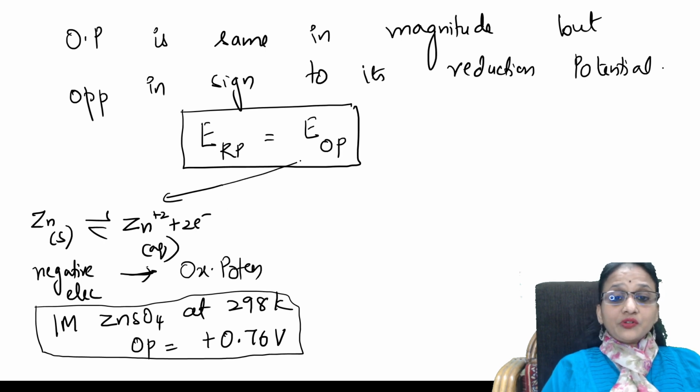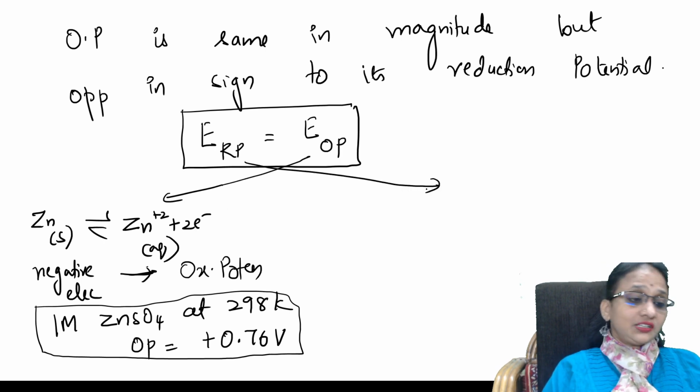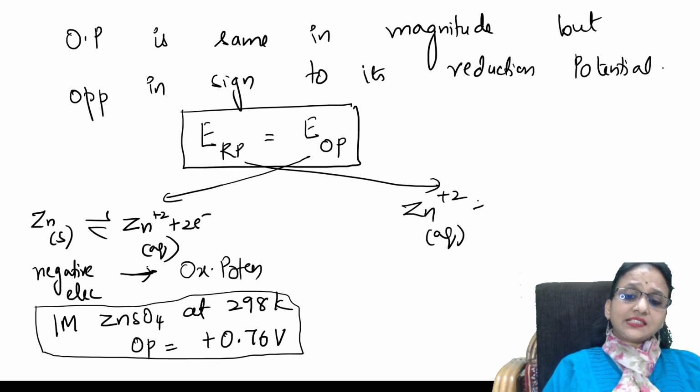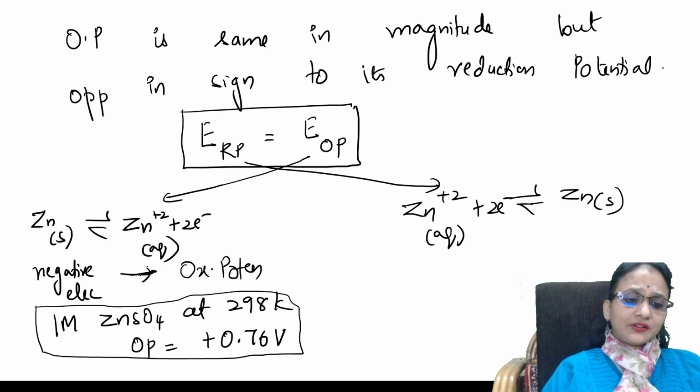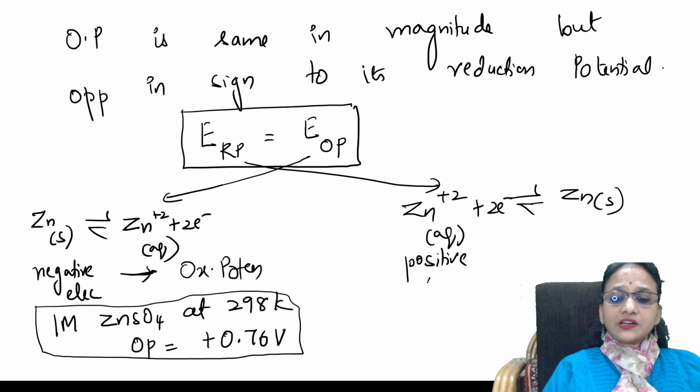Same thing if I write about reduction potential, check carefully. Same zinc I'm taking. Now this zinc is trying to accept 2 electrons and become solid zinc. This is a single electrode potential. This is happening at the positive electrode, and I'm calling this reduction potential.